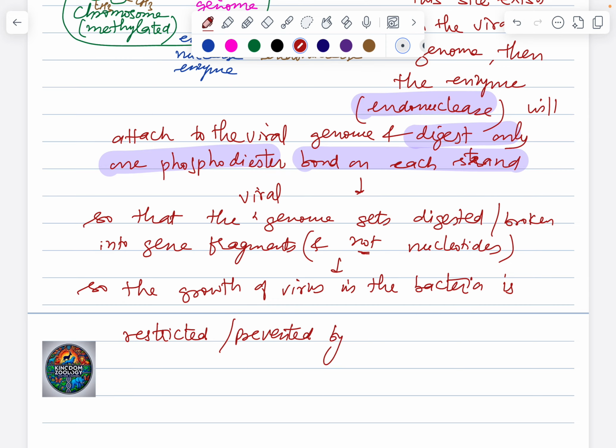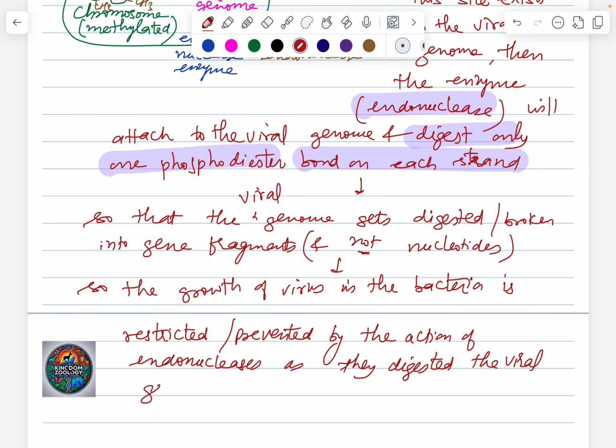Restricted or prevented by what? By the action of endonucleases. How? Because they digest the viral genome into pieces.